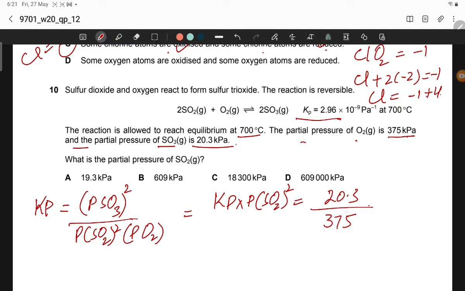Kilopascal. So in Pascal it is 1000 into 1.0989 Pascal.